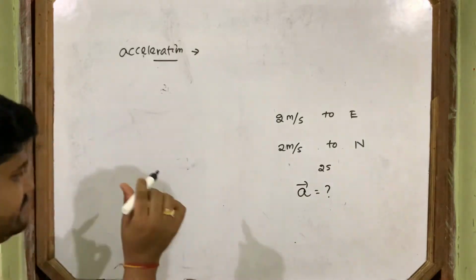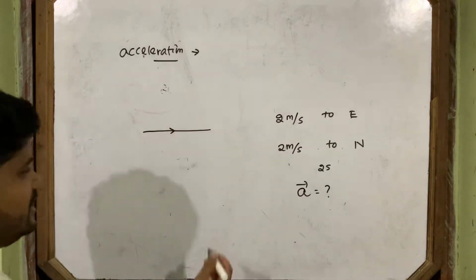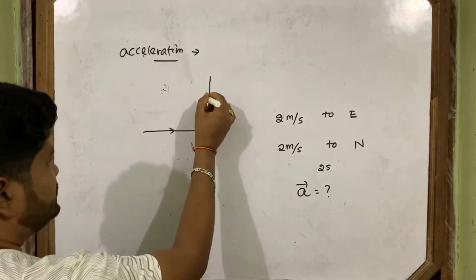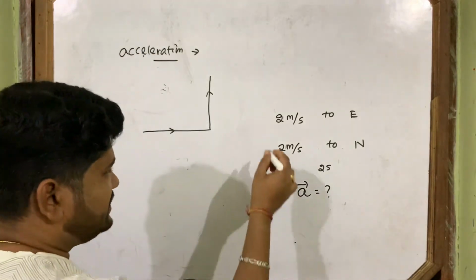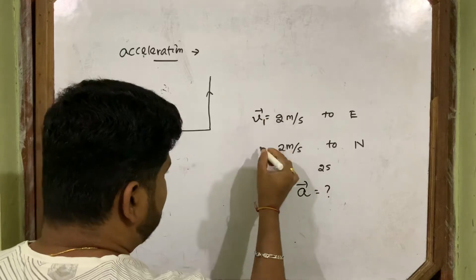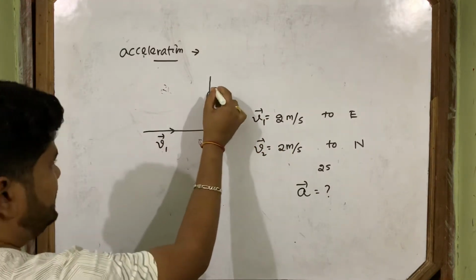Let's draw the figure. You are going to east. Now you turn the vehicle to north. So this is V1 and this is V2.